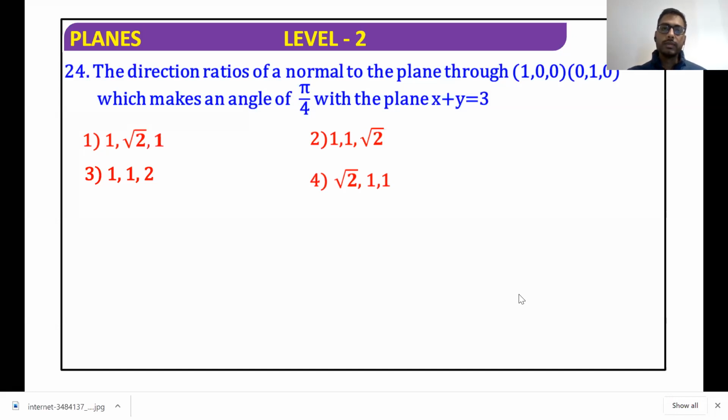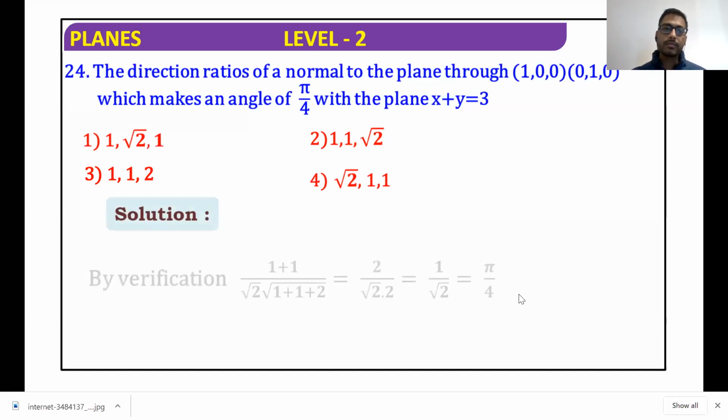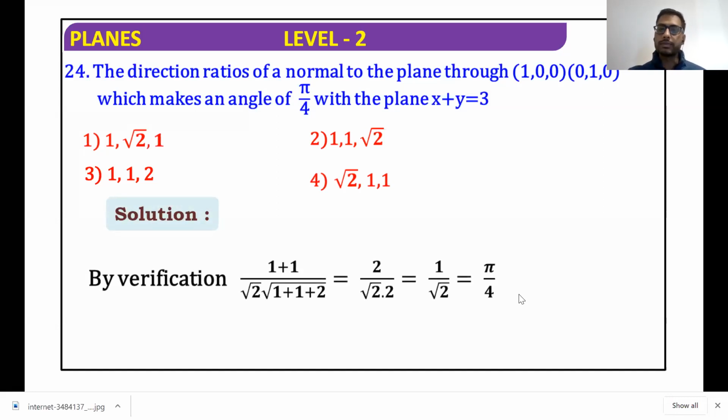Therefore, I can say that by verification method, I'm going to substitute each of the points one by one. First is A1, A2 plus B1, B2 plus C1, C2 upon under root of A1 square plus B1 square. Just substitute the values, and whichever equation is going to give you the answer as 1 by root 2, that is going to be my correct answer.